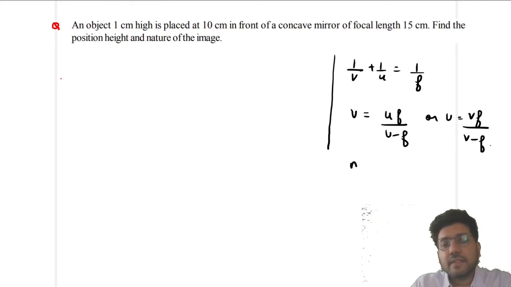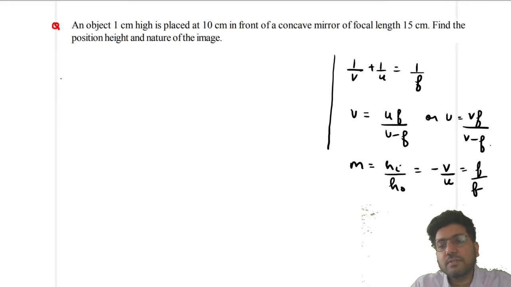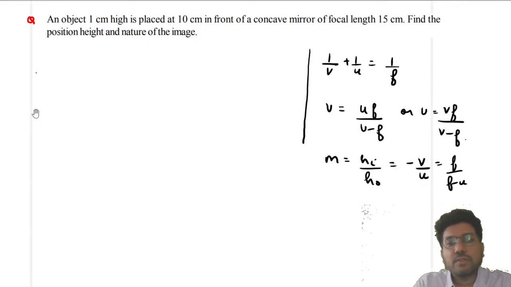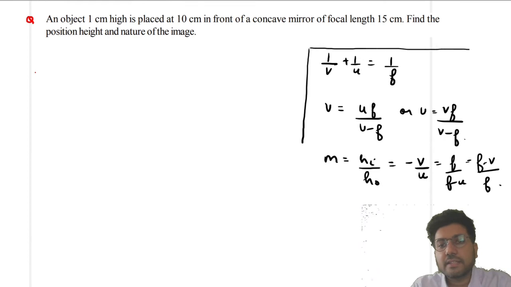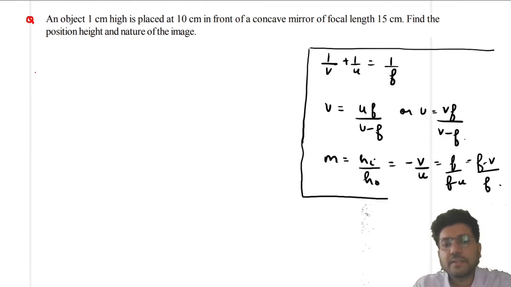Then there is m is equal to hi by ho, and this is also equal to minus v by u, and this is also equal to f by f minus u, and this is also equal to f minus v by f. So these are some of the formulas that will be required in this chapter.